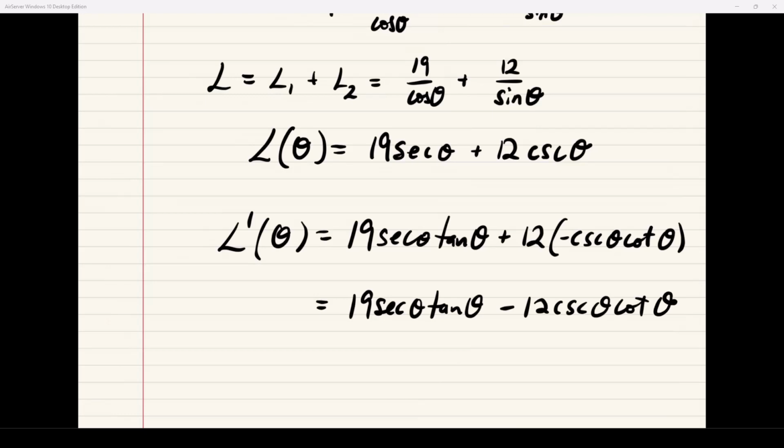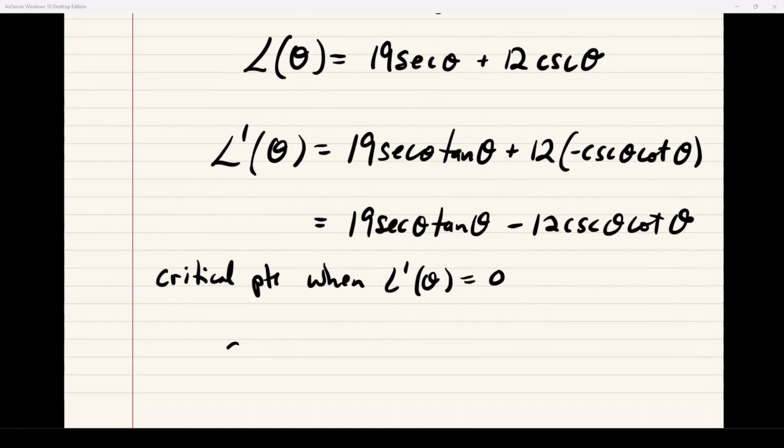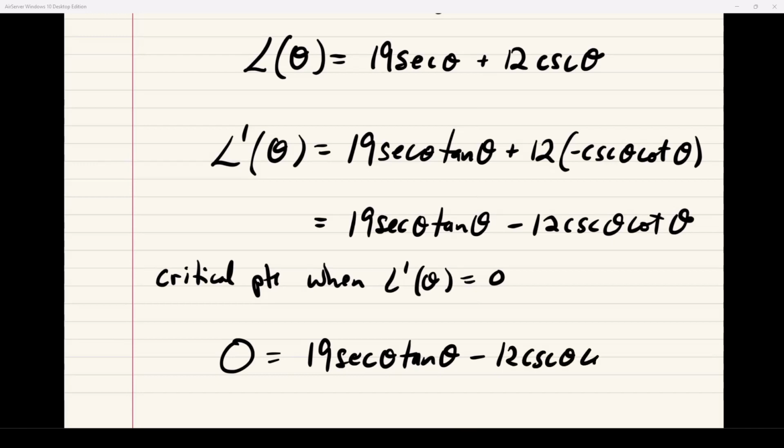And I'm looking for a critical point so that I can find a minimum. That's when the derivative is equal to 0. 0 equals 19 secant theta tan theta minus 12 cosecant theta cotangent theta.